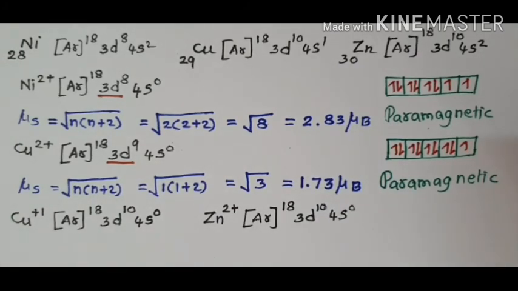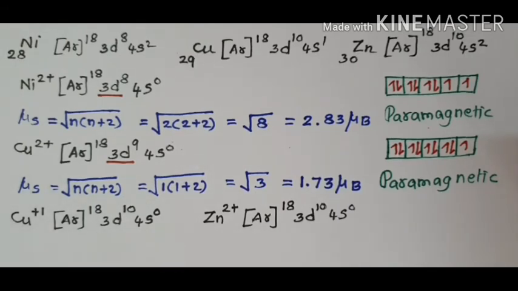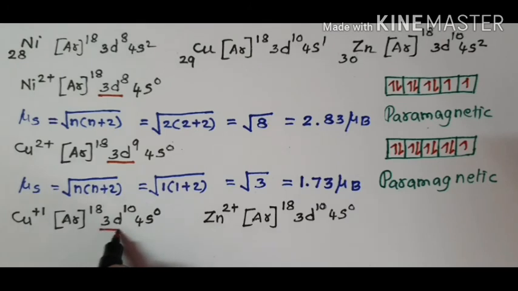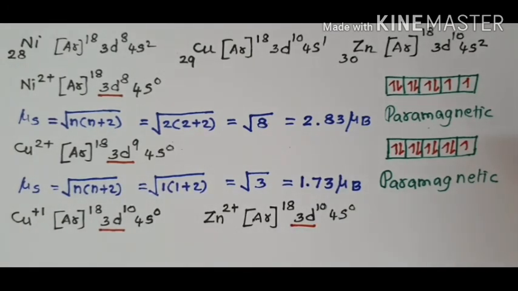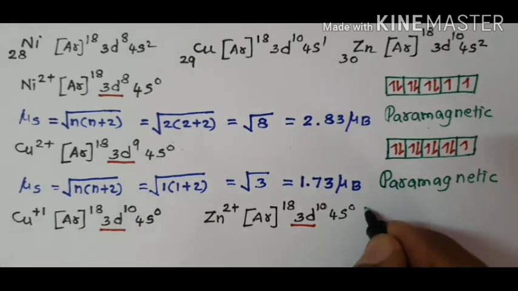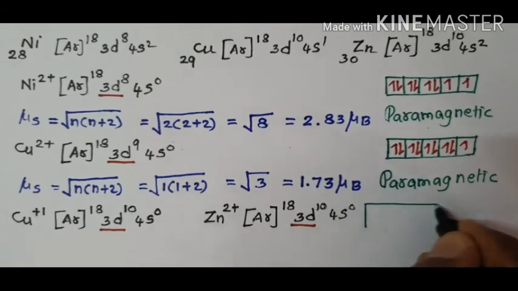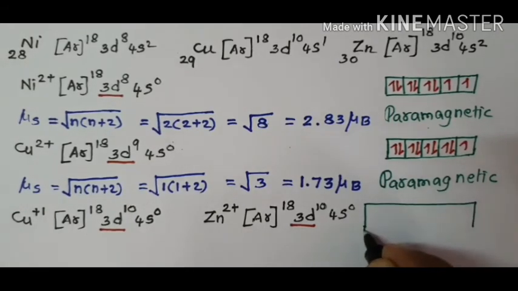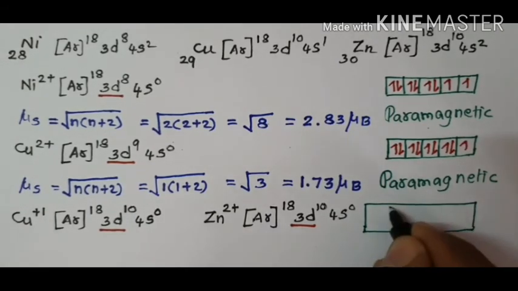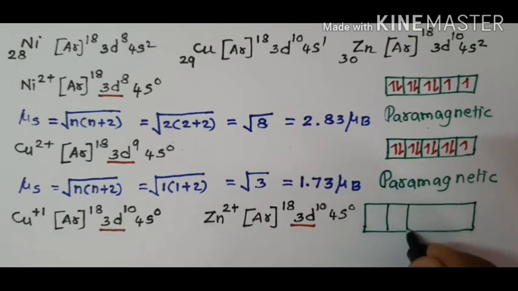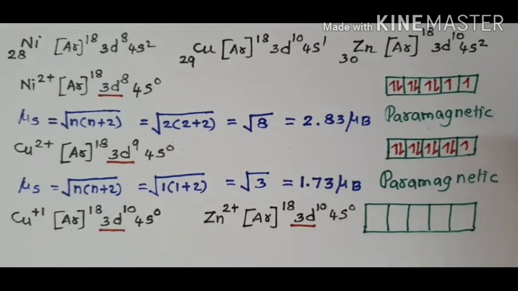They exhibit extra stability. What is the number of electrons in d orbital? Here you have 3d10. Fill the 10 electrons in the 5 orientations of d orbital: dxy, dyz, dzx, dx squared minus y squared, dz squared.